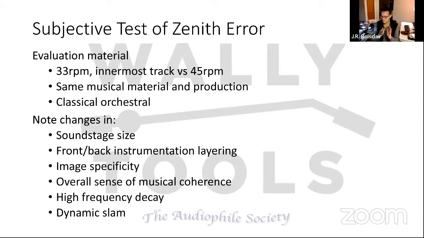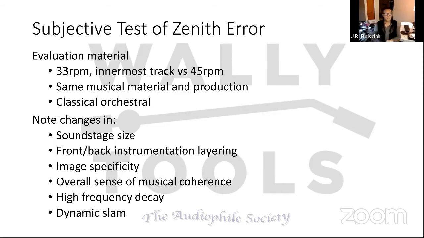And I have been in discussions with more than one cartridge manufacturer, helping them put together a microscopy program. This stuff is measurable, but it's difficult to measure. You can see zenith error with a decent microscope, but measuring it is a whole other matter. Okay.